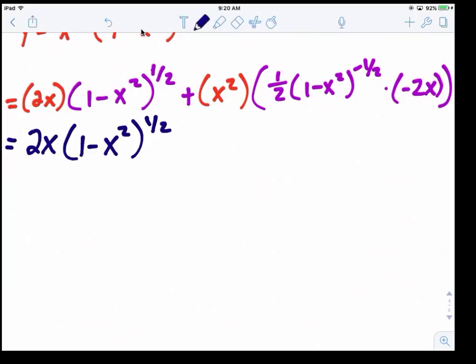Negative 1, right? So that would be minus. And then you have x squared and x, so that's going to give you what? X cubed. And then you have 1 minus x squared to the negative 1/2.